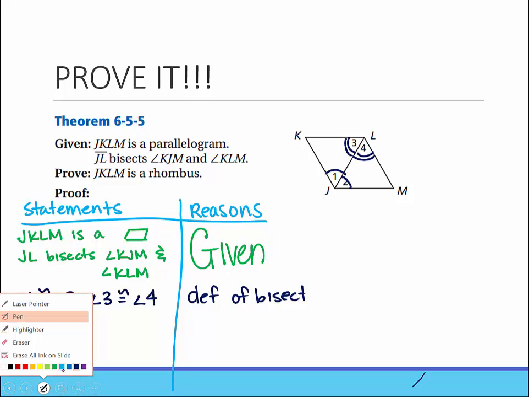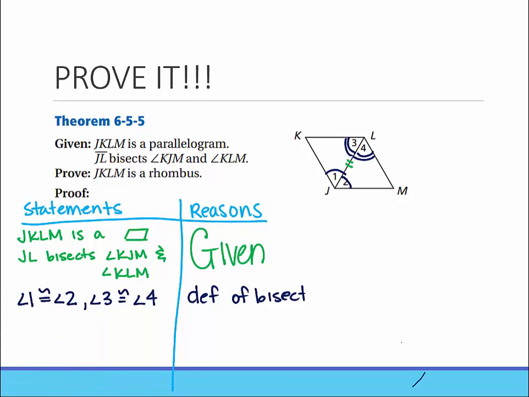Then we have a shared side here. Even though we're not talking about triangles, it makes two triangles. I know that JL is always congruent to JL because of the reflexive property. Using that, I have these two triangles.